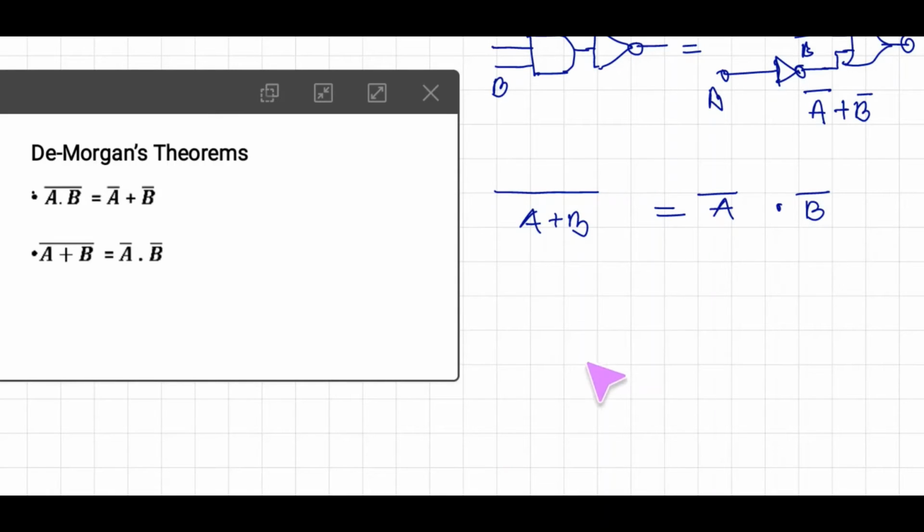For complementation we need a NOT gate, and the input to the NOT gate is A plus B. For that, an OR gate is required, whose output is connected here, and two inputs are there, A and B. So here we get A plus B, and here we get the complement of it.